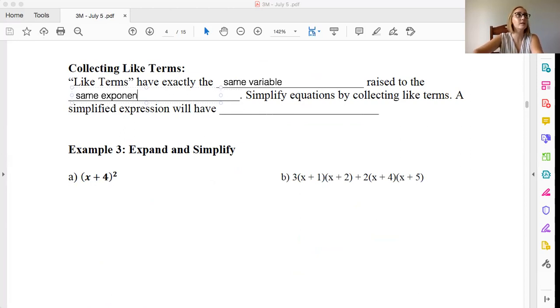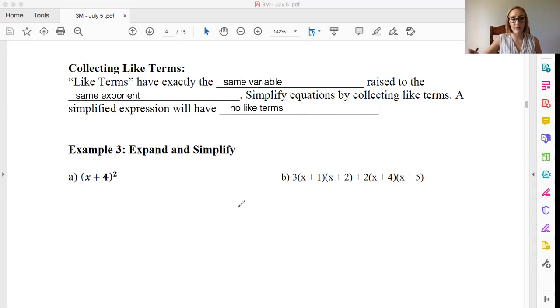So x squared and x are not the same. Those are not like terms. Simplify equations by collecting terms. A simplified expression will have no like terms together. Okay, so if we look at this example here, we've got 2 last examples, I believe, for this lesson.